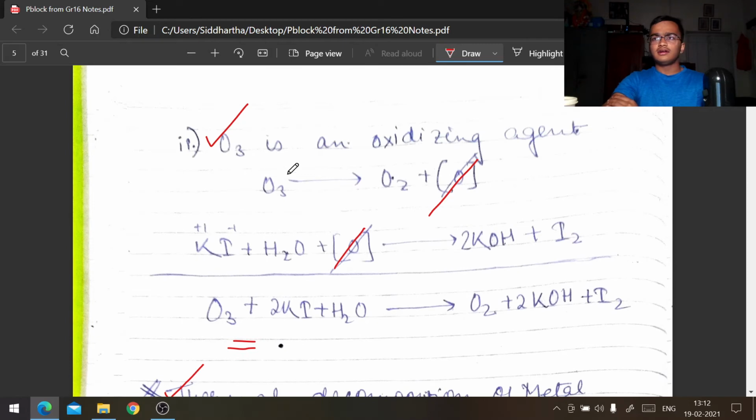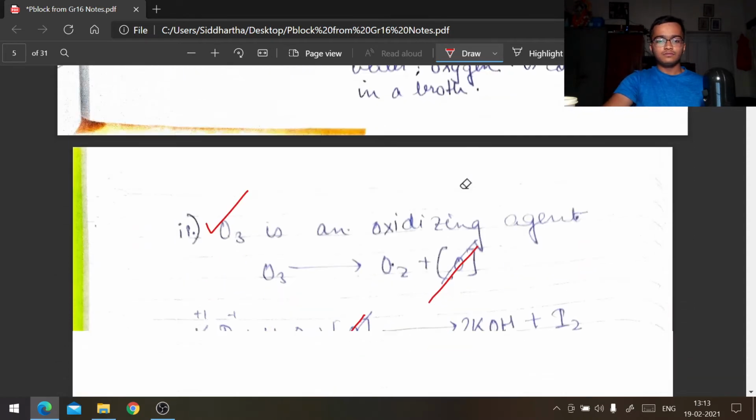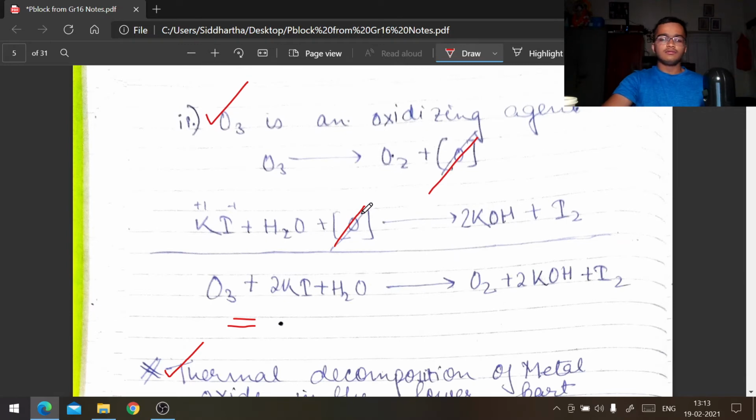Okay, here an ionic reaction is given where O3 is breaking down to O2 and nascent oxygen, and KI plus H2O, because it was mentioned in the question: what happens when O3 is passed through KI. We take KI, O3 breaks down into O2 and nascent oxygen, KI plus H2O gives nascent oxygen, right?